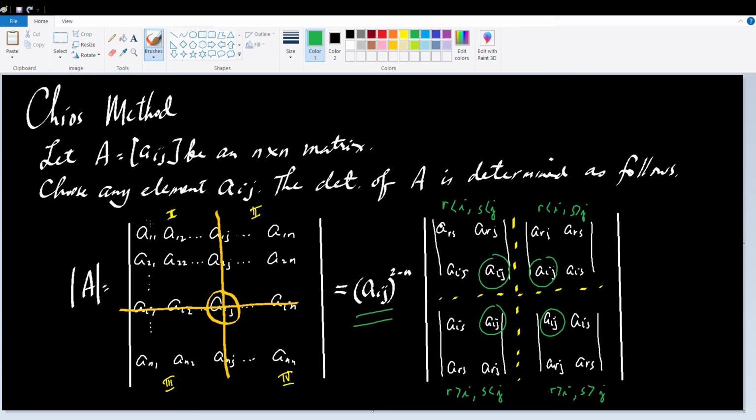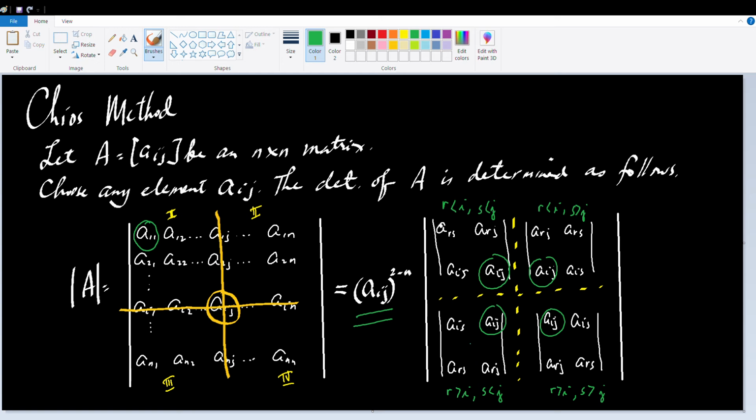If you want to choose A11, then all entries Ars will be replaced by A11, A12, A21, A22. Then the next element will be A11, A13, A21, A23, and so on and so forth.